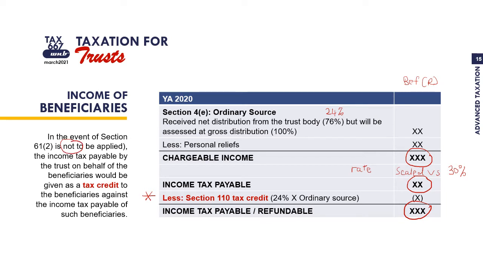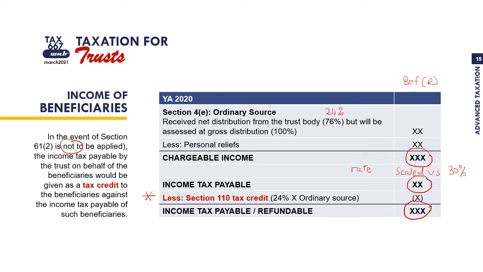Kalau section 61(2) to be applied, waris tak layak untuk claim section 110 tax credit. Okay, so kena tengok balik sebelum nak tolak section 110 tax credit, tengok balik dekat atas pengiraan tax for trust body, section 61(2) apply or section 61(2) not to be applied.